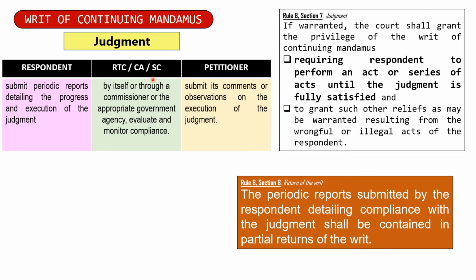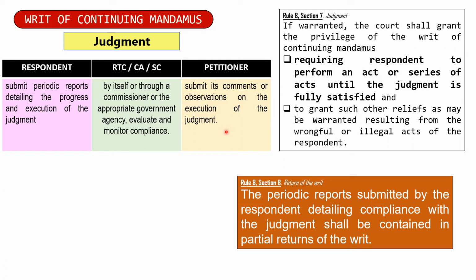The court, acting by itself or through a commissioner or any appropriate government agency, has the duty to evaluate and monitor compliance of the respondent. How about your petitioner? What will he do? He should submit his comments or observations on the execution of the judgment.